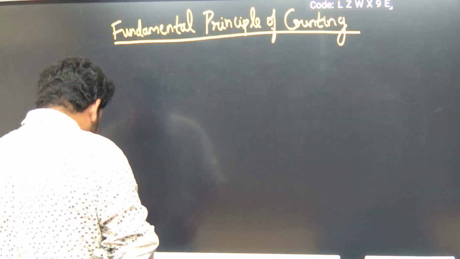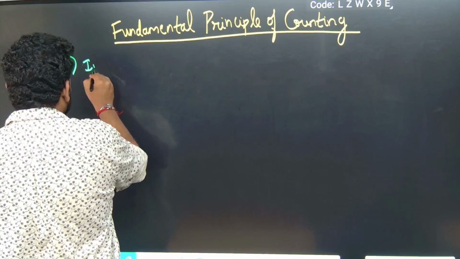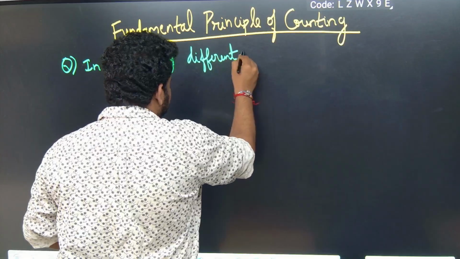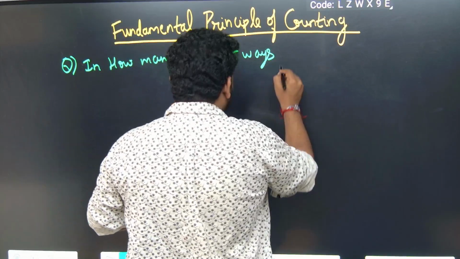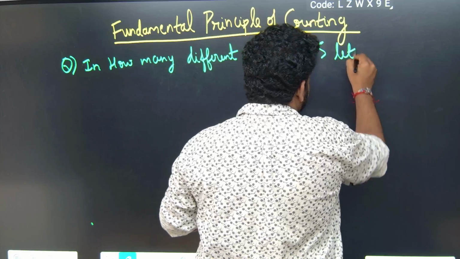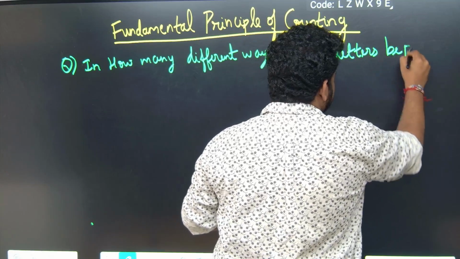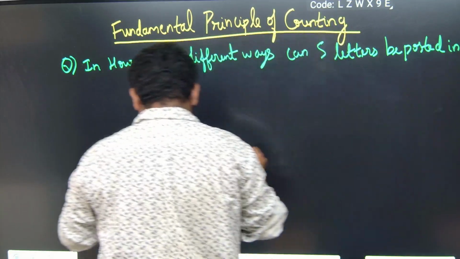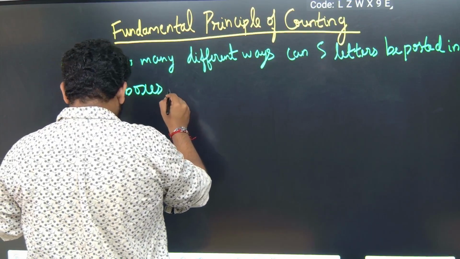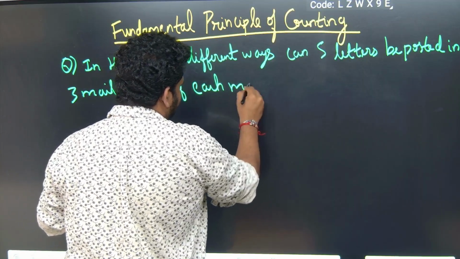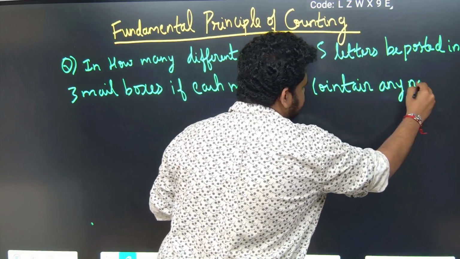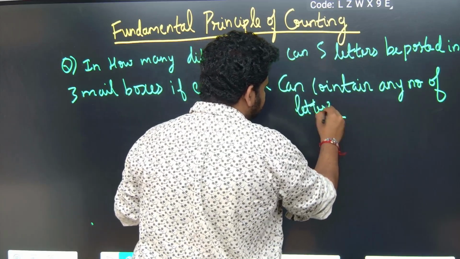The first question that we have is: in how many different ways can 5 letters be posted in 3 mailboxes if each mailbox can contain any number of letters? Okay, this is the question.